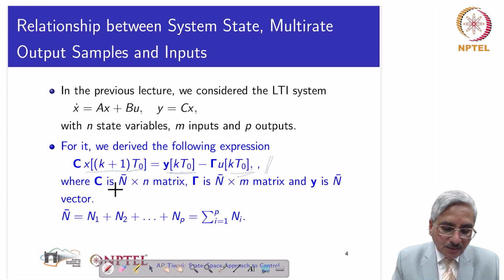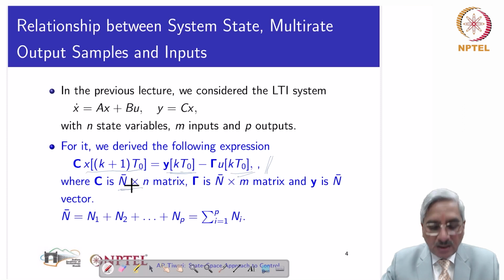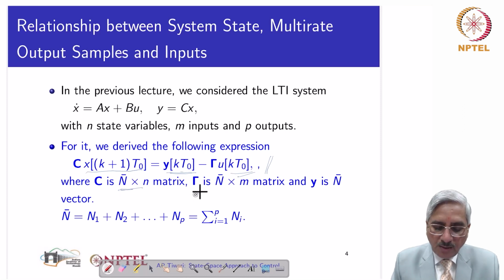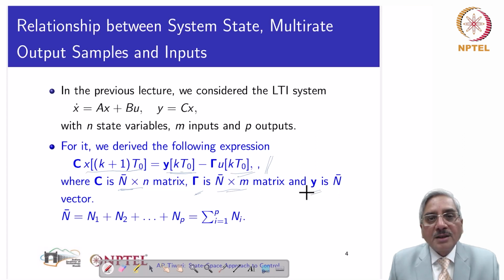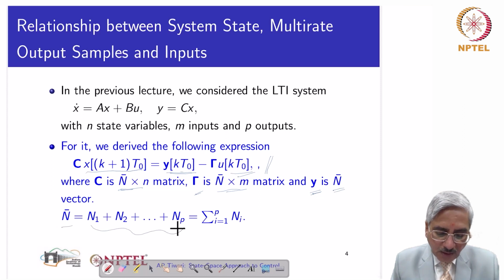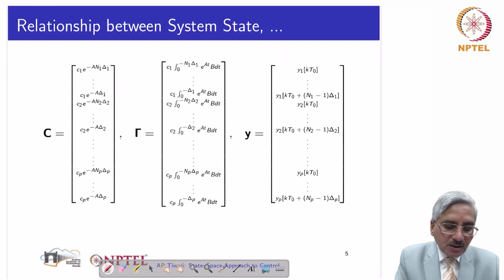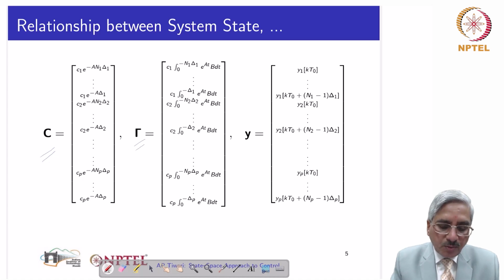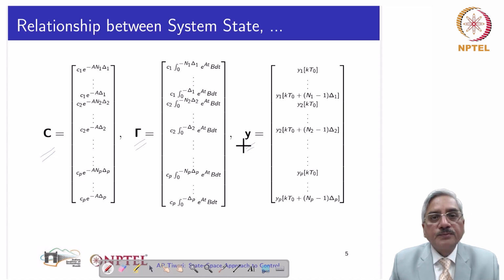Here bold C is an n bar by n matrix, bold gamma is an n bar by m matrix, and this stack of outputs y is an n bar vector. This n bar is the summation of all these n. This we saw in the preceding lecture, along with the expressions for the matrices bold C, bold gamma and bold y.